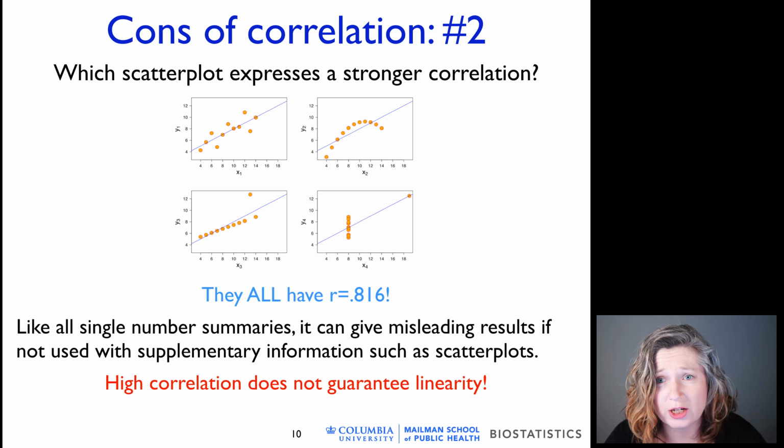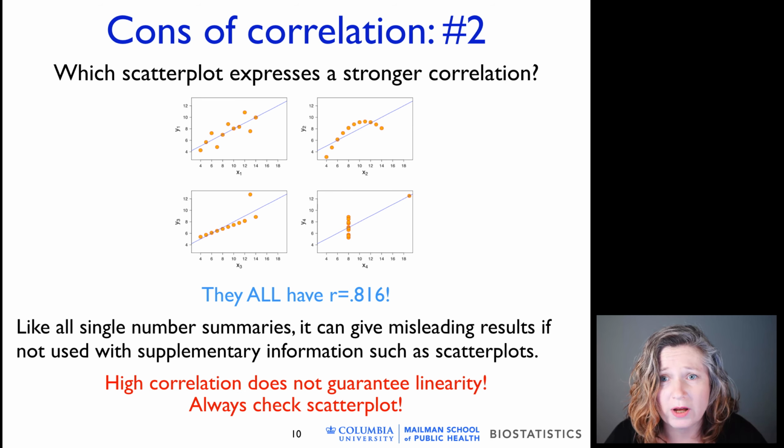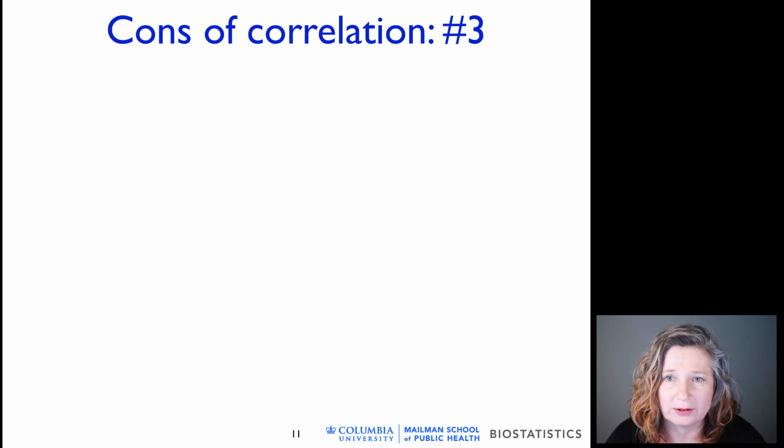Just because correlation is equal to 0.8 or 0.9 does not mean the data actually follow a linear association, and does not mean that we don't have something weird happening. We always have to look at a scatter plot. Every single time the correlation coefficient is computed, a scatter plot should be inspected.